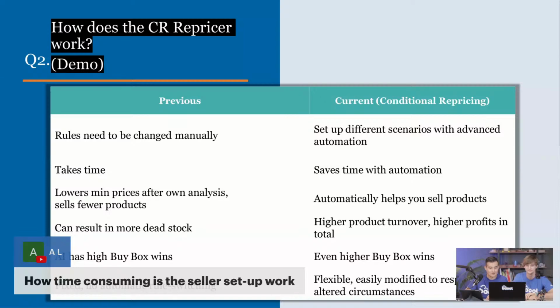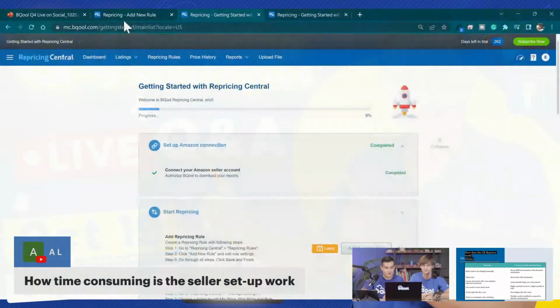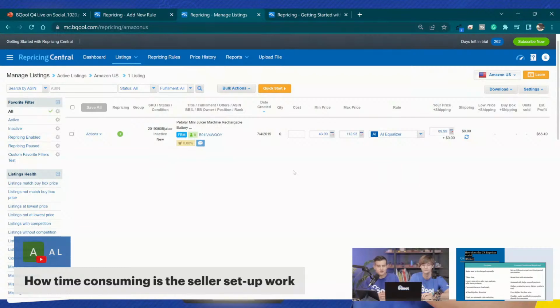Give me 1 second as I share my screen. Then you get in here, and it will pull your listings into the active listing. So usually about 4 to 8 hours. If it's longer than that, you can definitely contact us at support@bqool.com to see what's going on. It's very simple and easy to start using the repricer.